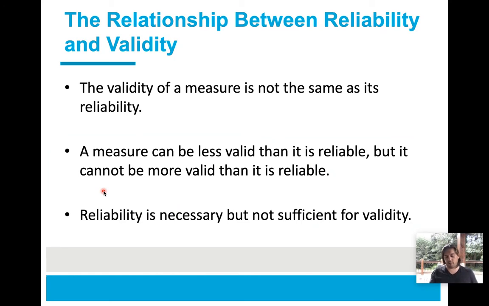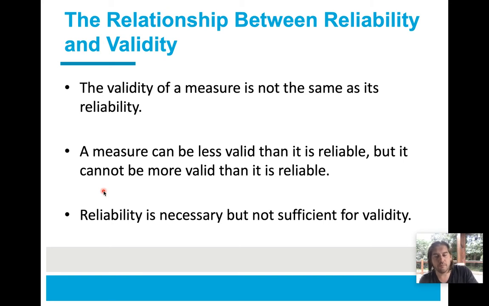So let's talk for a minute about the relationship between reliability and validity. They are not the same thing. You can have measurements that are reliable but not valid. You can have measurements that are valid but not reliable. We want both of them, right? But it does not have to be the case, right? You can have one without having the other.